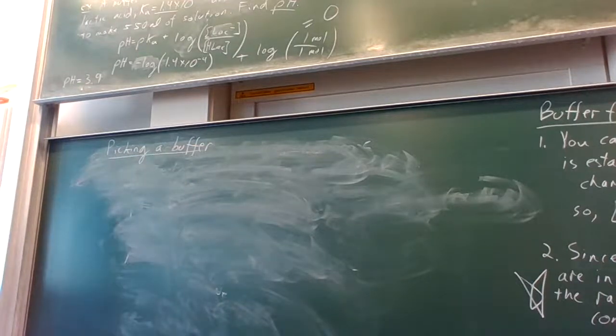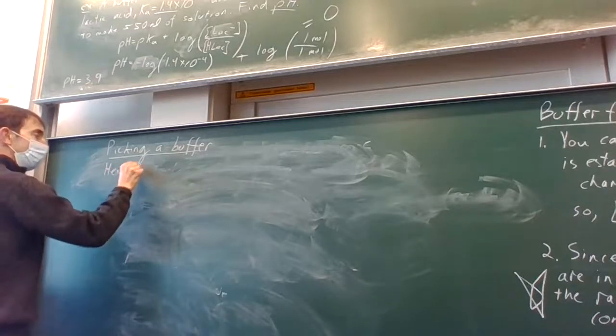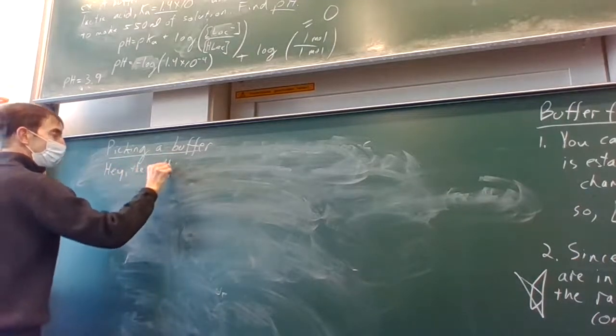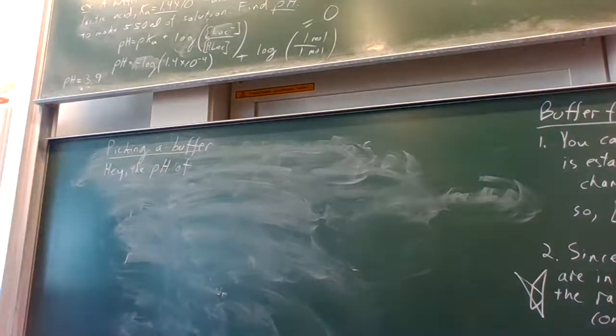Because most buffers are 1-to-1, the pH of a buffer is usually close to the pKa. The pH of the buffer is actually identical if it's 1-to-1. It's just equal to the... No, it's not. What's up in our formula? Just read the formula, Tom. The pKa. Check that out.